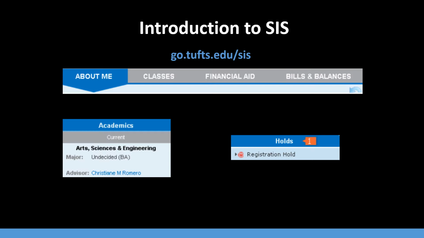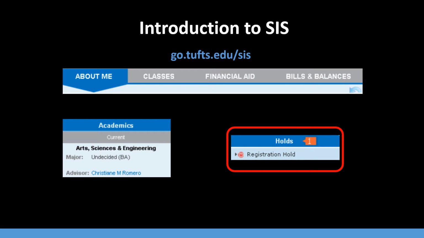In the upper left corner of SIS, you will see your current school, your major, and your advisor. If you see a hold flag, that indicates you have an outstanding obligation. For example, you may have a hold that indicates you need to meet with your advisor before registering for classes.